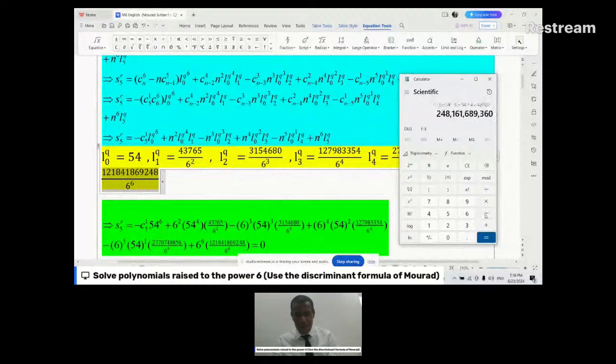Minus 54 raised to the power 3 times 3,154,680. Okay. Minus, of course, minus. After that, there is a plus. Plus what? Plus 54 squared, or raised to the power 2, no problem.